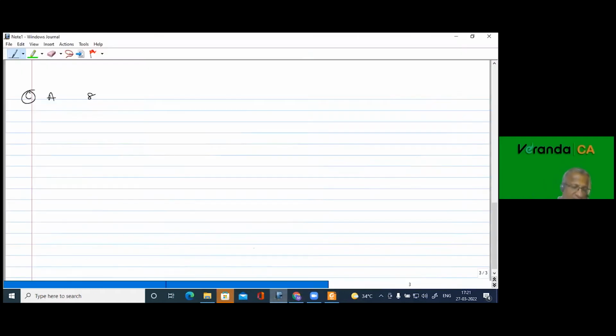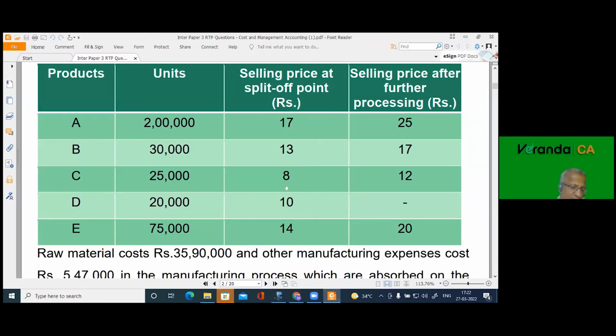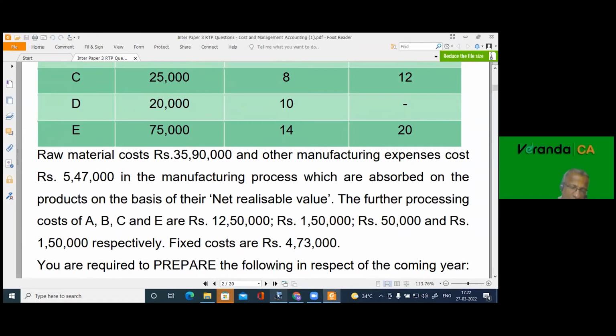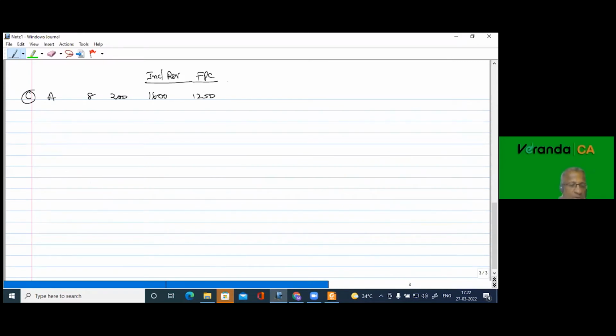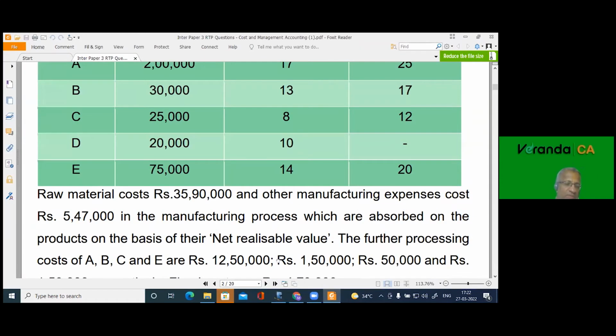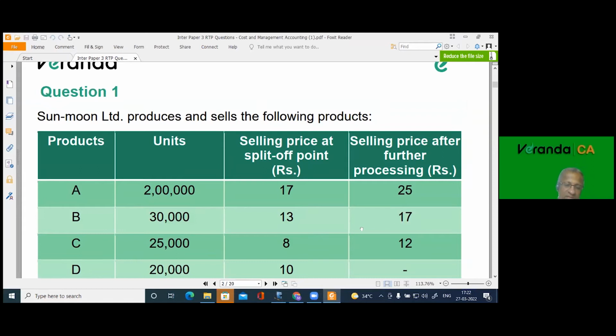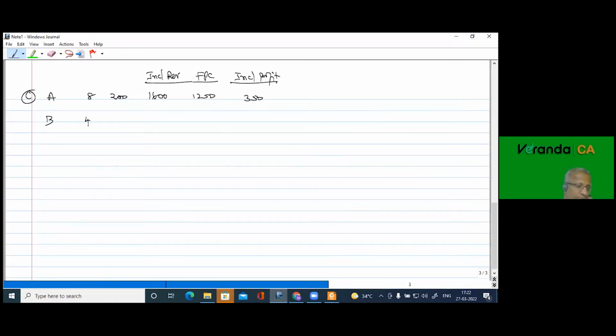And there is no quantity loss. So 1600 is my incremental revenue. What is my further processing cost? Further processing cost is given in the problem as 1250. So I get incremental profit. How much is the incremental profit? I get 350 rupees. Then B, where you find that is 13 and 17, where it is 4.